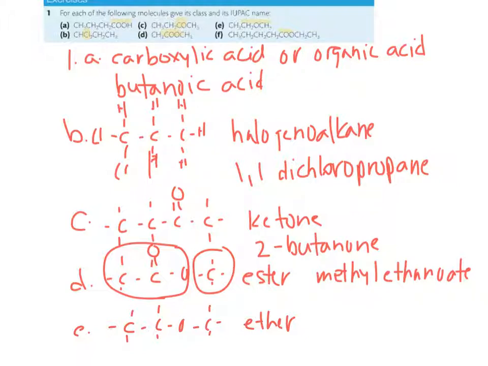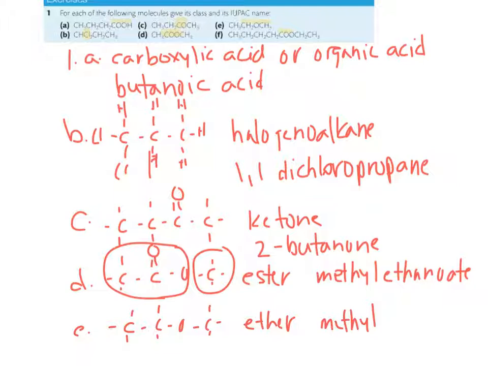With the ether, when I look at this, I have to tell, again, how many oxygens are on each side of it. So in naming this ether, I start with the shorter of the 2 chains. My shorter carbon chain is a methyl group, and my longer one is an ethyl group.